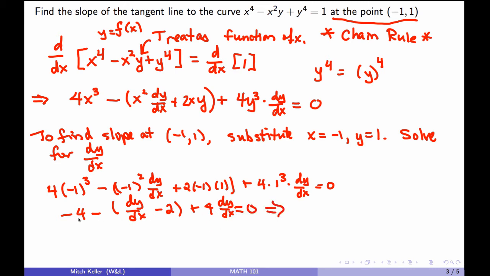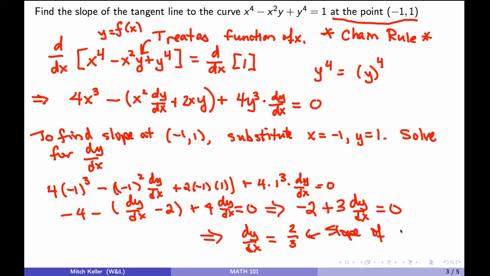So let's see, we've got a -4, and distributing that minus sign gives us a +2, so that means we've got a -2 over here, and then there's a minus dy dx plus 4 dy dx, so that's plus 3 dy dx equals 0. So moving that 2 over and dividing by 3 gives us dy dx equals 2/3. So this is the slope of the tangent line at -1, 1.